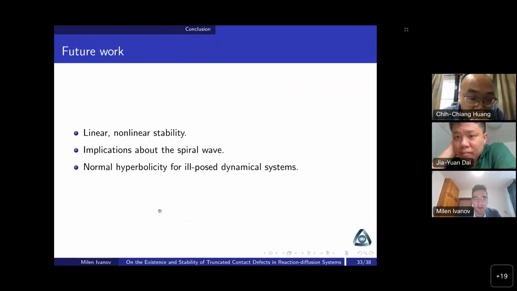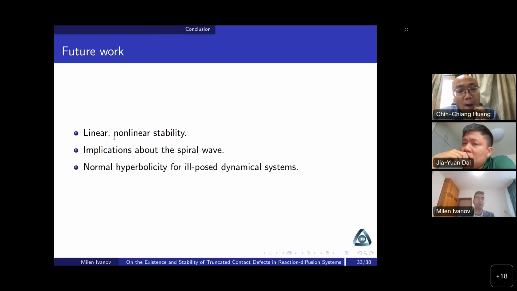So in the future, what would be very interesting, and in my opinion very difficult, is to understand the linear and nonlinear stability of both the defects and the truncated defects. And these are very difficult problems because, as we saw, the spectrum is very complicated.